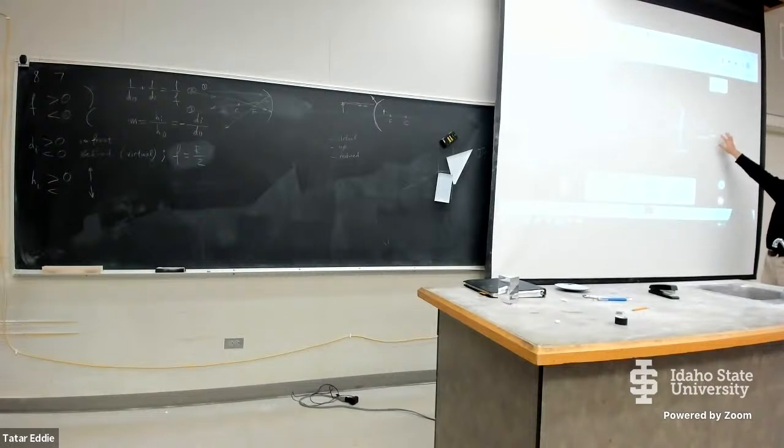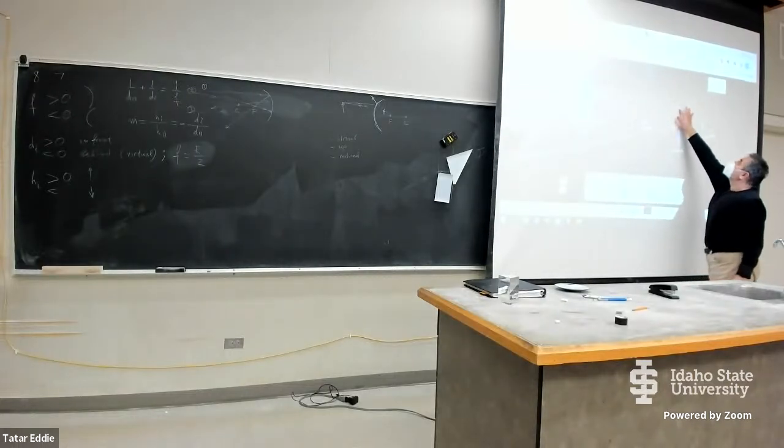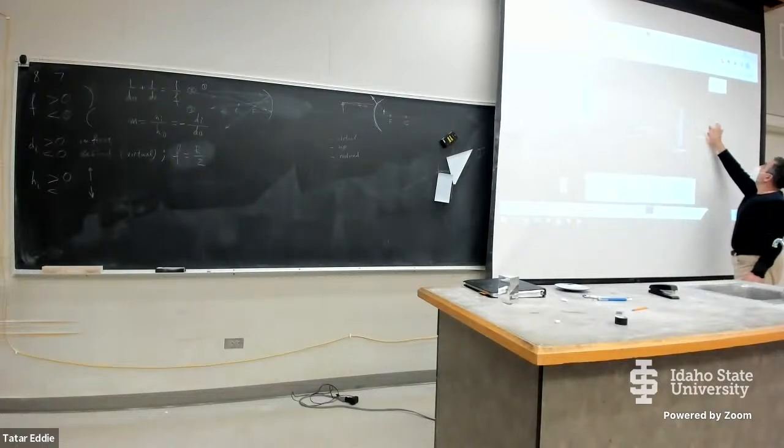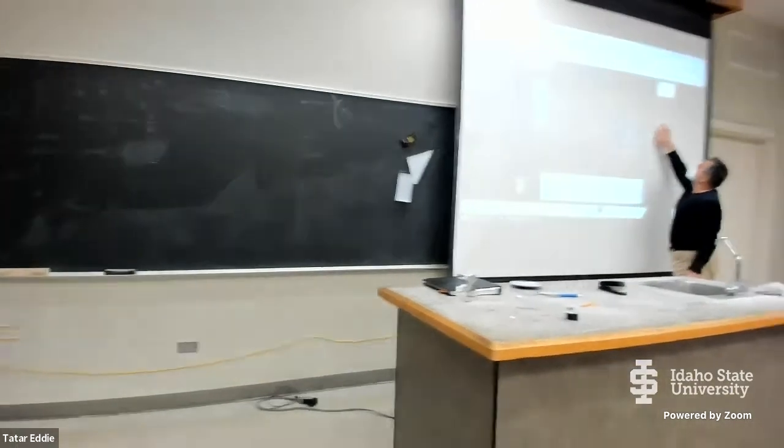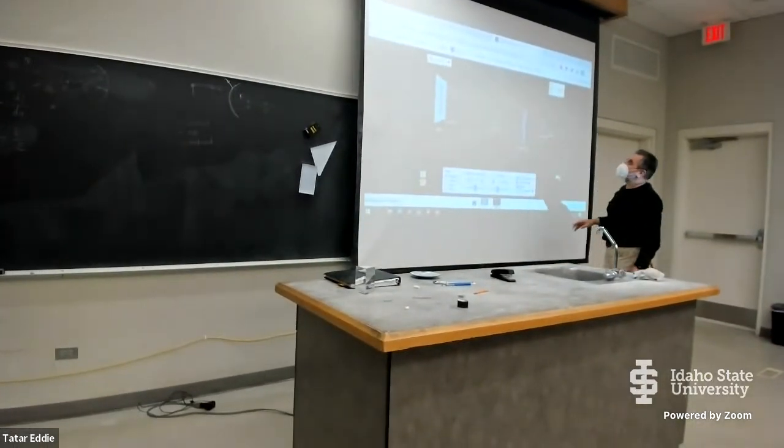And now look, a light ray that comes in parallel is going to go, its continuation goes to the focal point. So this is our light ray number 1.